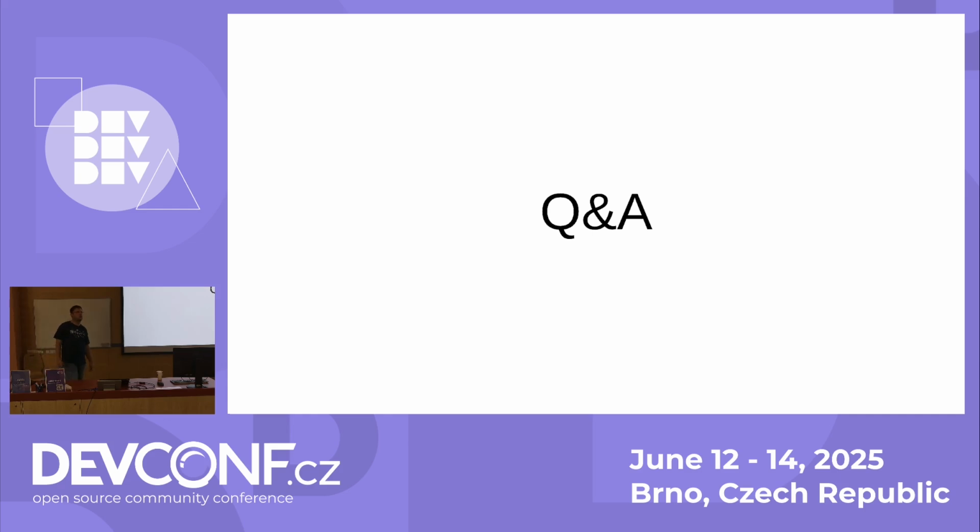Why did you decide to use OCI hooks instead of NRI in your solution? If I understood correctly, NRI can create OCI hooks, or did I misunderstand?